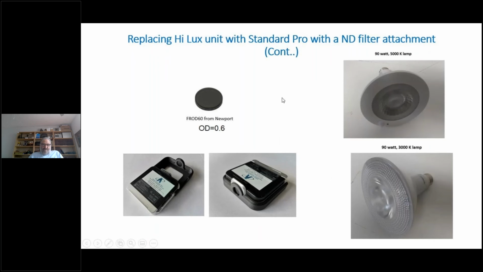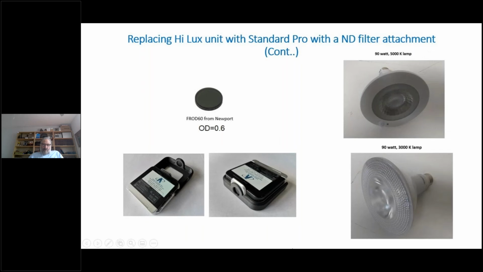So we decided to do some testing with some neutral density filter. There's this OD 0.6 from Newport that we got, and some kind of holder was designed for it that fits right on top of the Lighting Passport.